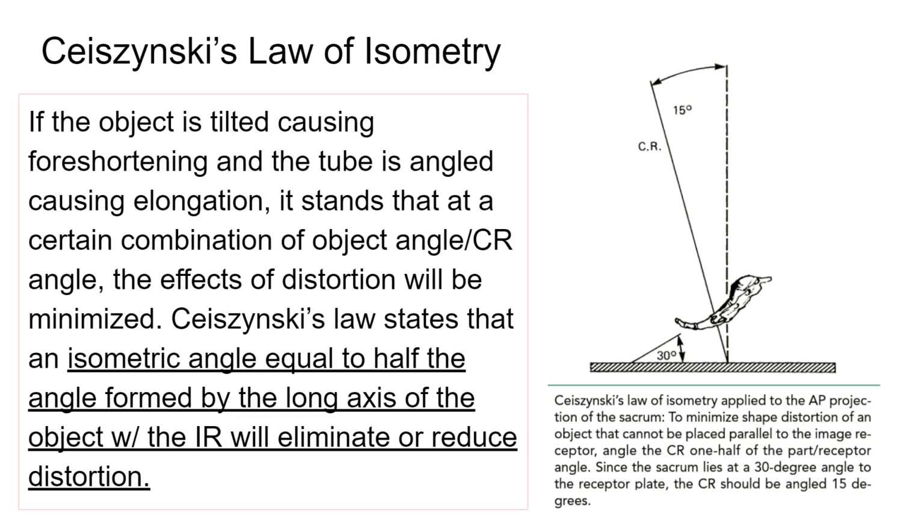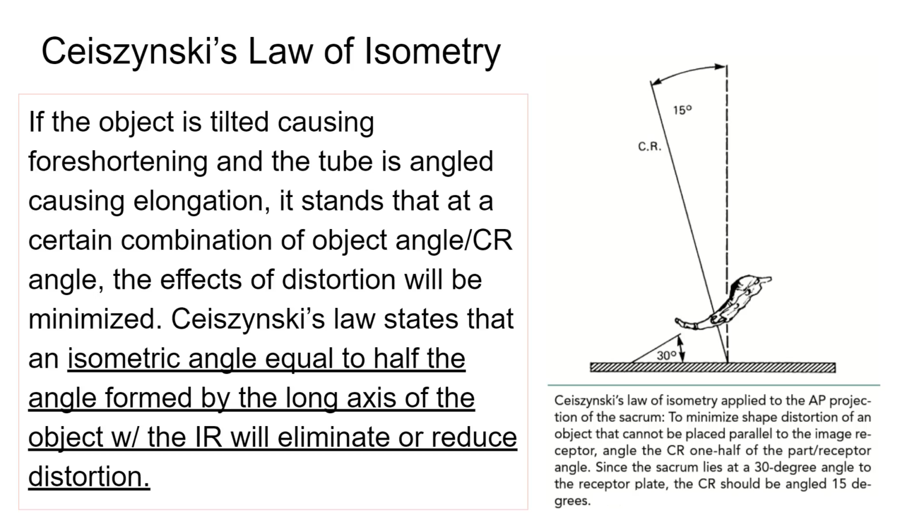Okay. So we did this in the lab. Do you guys remember? This was one of my favorite labs last year because everything works out. The idea here is that we can remove some of that foreshortening, provided, this is the big thing here, we know the angle that the object, in this example a sacrum, makes with the image receptor, which in this case is 30.